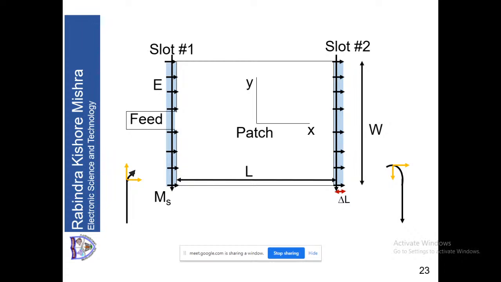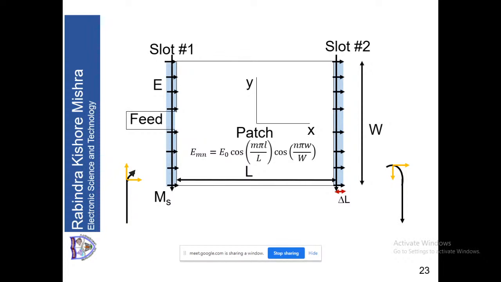Now let us find out what will be the value of MS, the expression for MS. In the last class we discussed the field within the patch. In the mnth mode, the electric field will be of the form E_mn, that is E0, the amplitude, then the variation will be cos(m pi x upon capital L) cos(n pi y upon capital W).